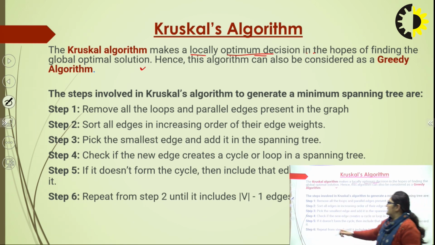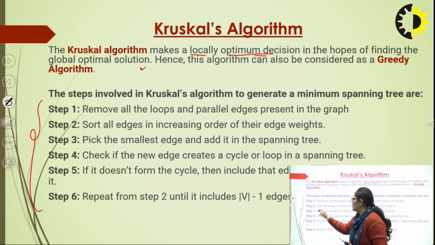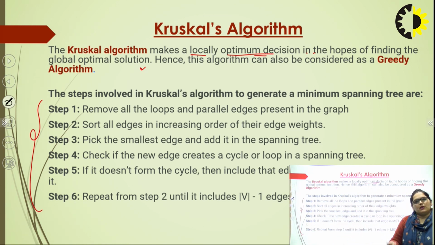So these are the steps that you have to follow in Kruskal's algorithm to find the minimum spanning tree. Step 1: first you have to remove all the loops and parallel edges if they are present in your graph. Then you have to sort all the edges in increasing order of their edge weights. After that you pick the smallest edge, or minimum cost edge, and add it to the spanning tree.